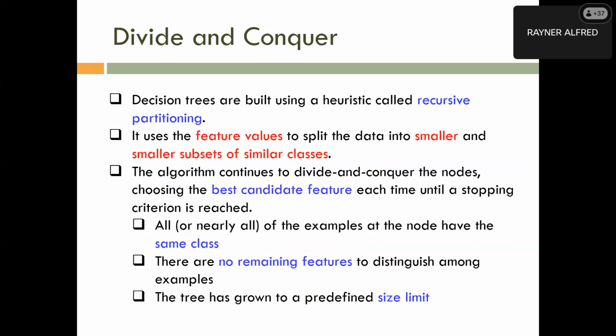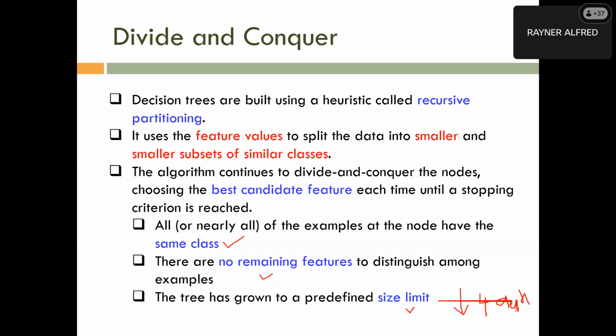Normally they will choose to stop splitting the tree when all the examples in that particular node have the same class, or you do not have any remaining feature to be considered to split your data, or the tree has grown to a predefined size limit. For example, you want to go down up to 4 depth. So after 4 times you consider splitting the data, then you will stop.